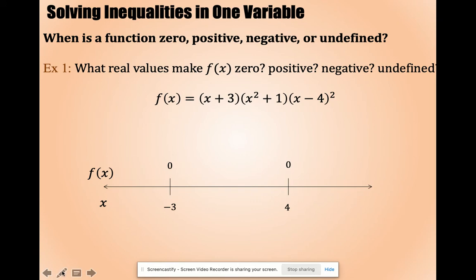What if I changed this question and I said, what makes (x plus 3)(x squared plus 1)(x minus 4) less than 0? Now you are solving an inequality in one variable. Do you see your answer? It's right there.